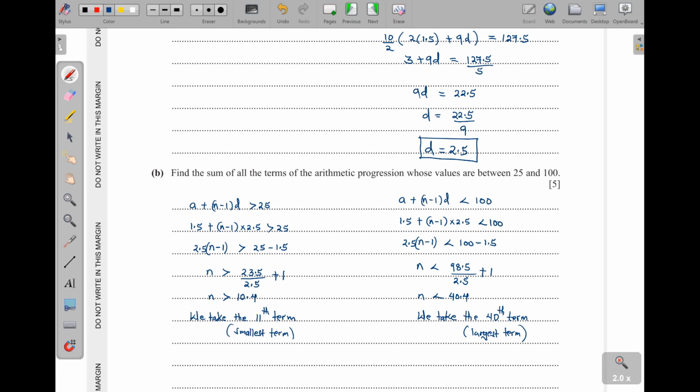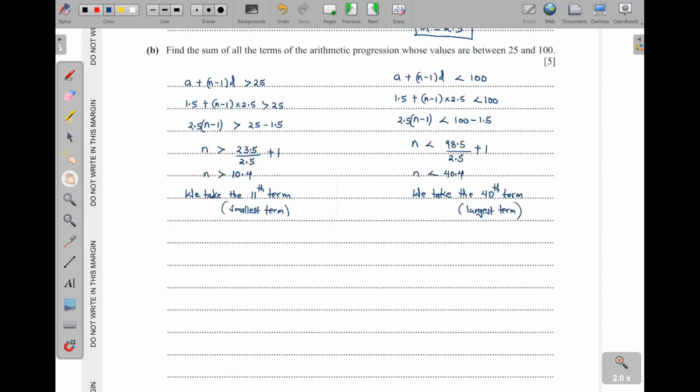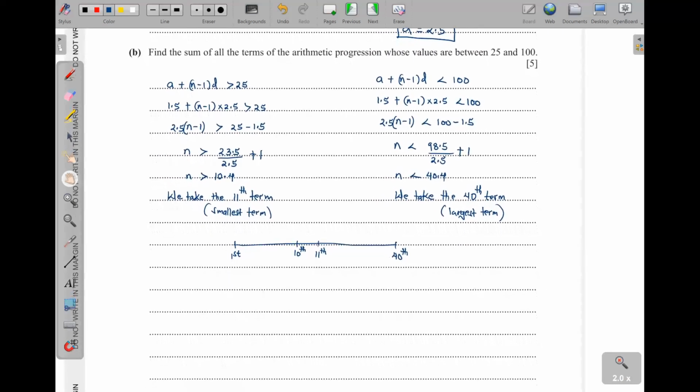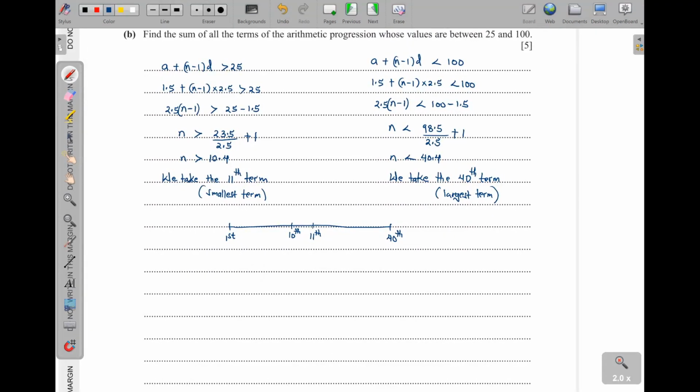Then from there, I have these terms from here to there. Let's say this one here is the first term, then the last term is the 40th. Maybe the 10th, and this one is the 11th. They said find the sum of all the terms. So our smallest term we are taking is the 11th, so we are taking all of these terms added together.